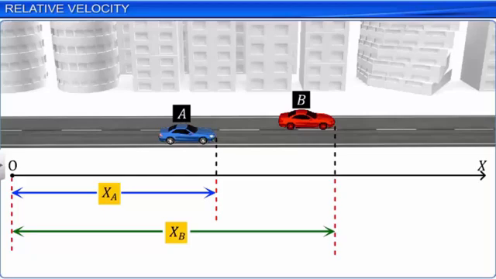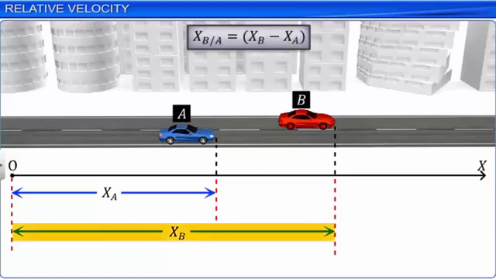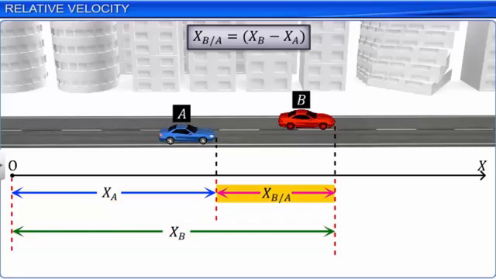This implies that A is at a distance x_A with respect to origin O, and B is at a distance x_B with respect to the same origin O. The distance is measured with respect to the fixed point O, which is the origin. x_B minus x_A is the relative position coordinate of B with respect to A and is denoted by x_B/A. When both A and B are moving, we take the distance at a particular instant.